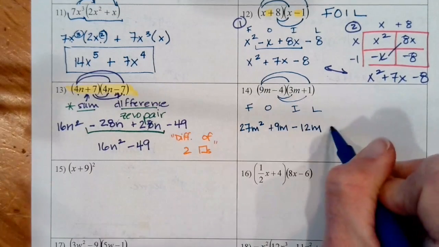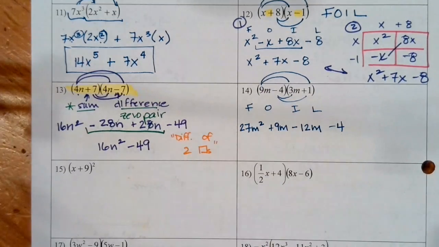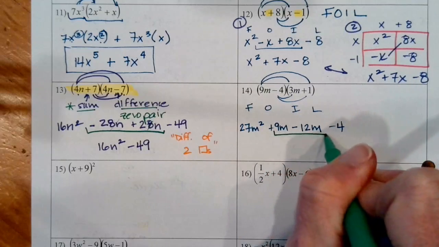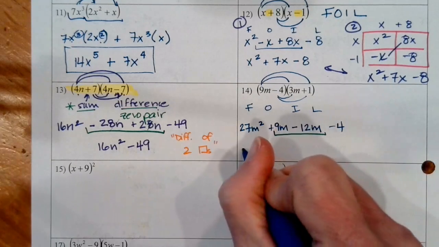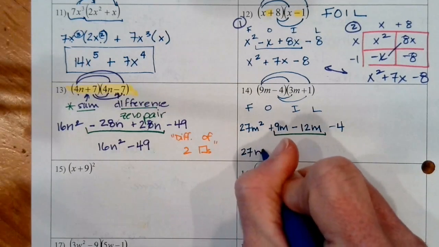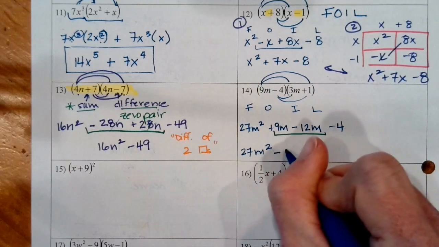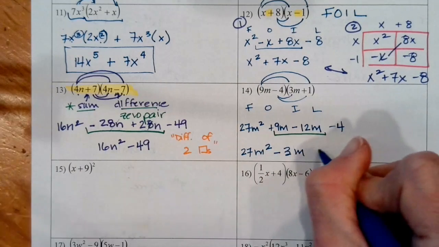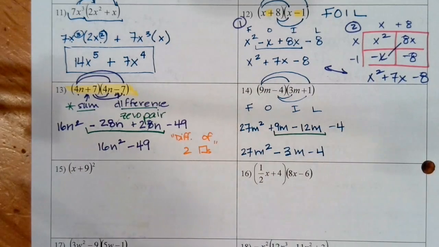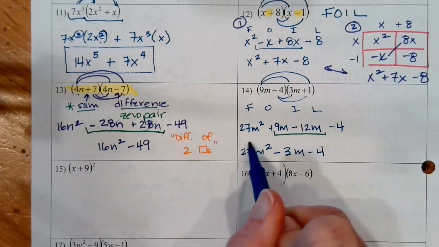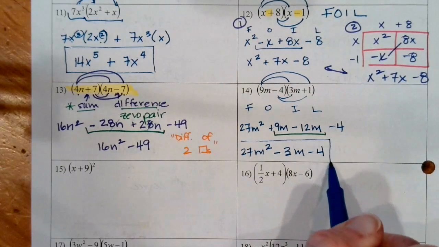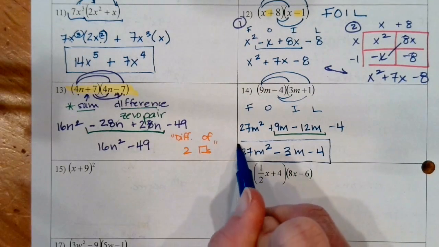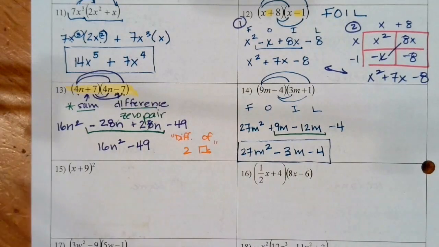And our last terms, minus 4. Here's our like terms to combine. So we have 27m squared minus 3m minus 4. I combine those middle terms. They are same variable, same power, so I can put them together.